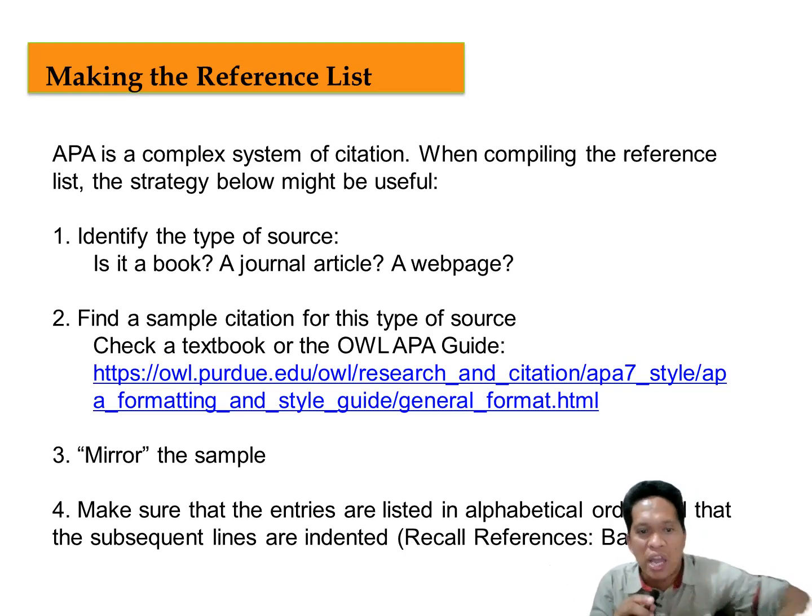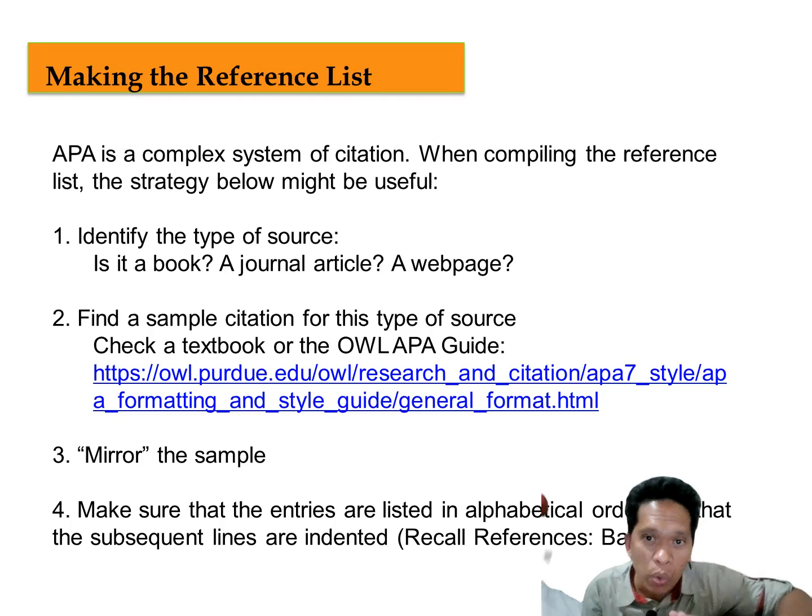Identify the type of source. Is it a book, a journal article, or a web page? First thing you do when you do your reference list, identify. Second, find a sample citation of this type of source. By the way, there is a link here from the Purdue Online Writing Lab for further guidance.